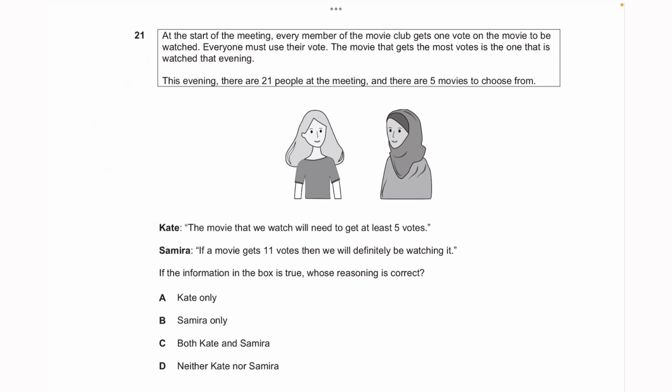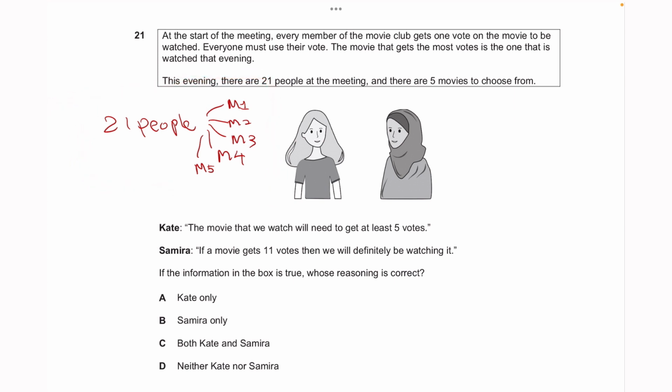There are 21 people in this meeting, and there are 5 movies to choose from: movie 1, movie 2, movie 3, movie 4, and movie 5. Now, basically, every member gets one vote on the movie to be watched, and everyone must use their vote. And the movie that gets the most votes is the one that's watched that evening. That's something that we would do in real life as well, so it's quite relatable.